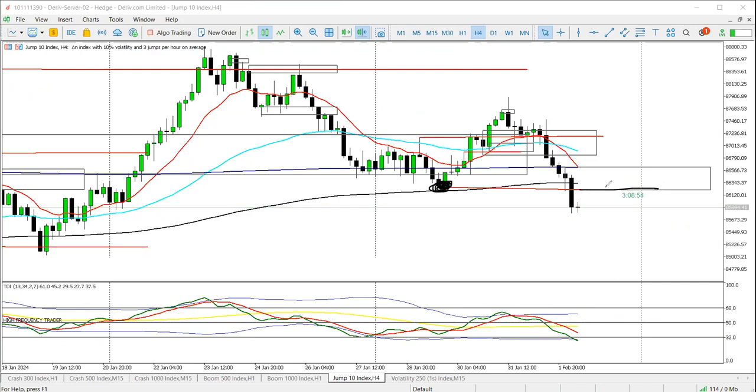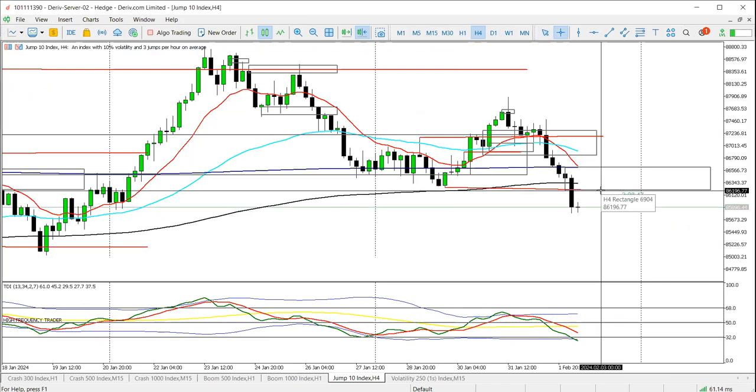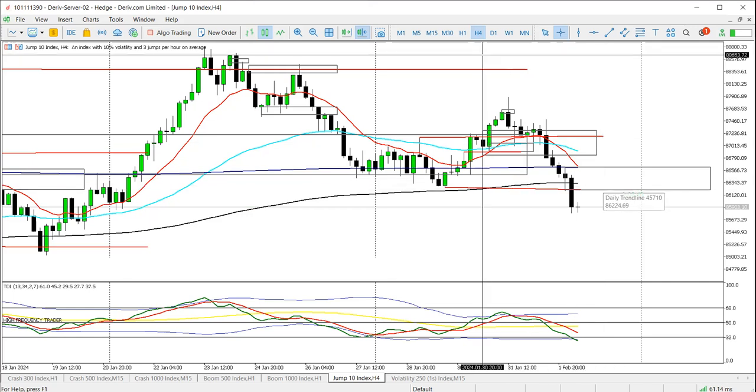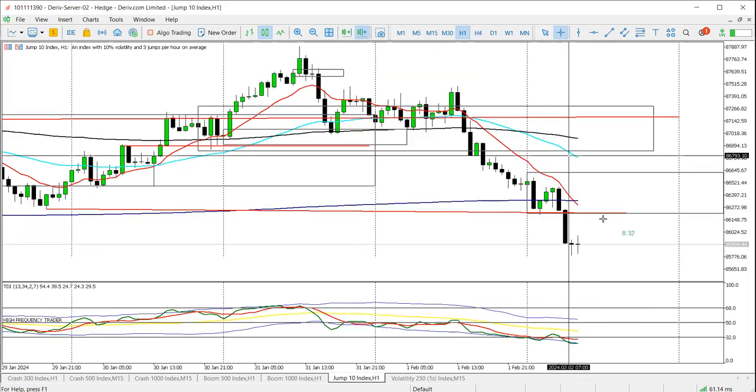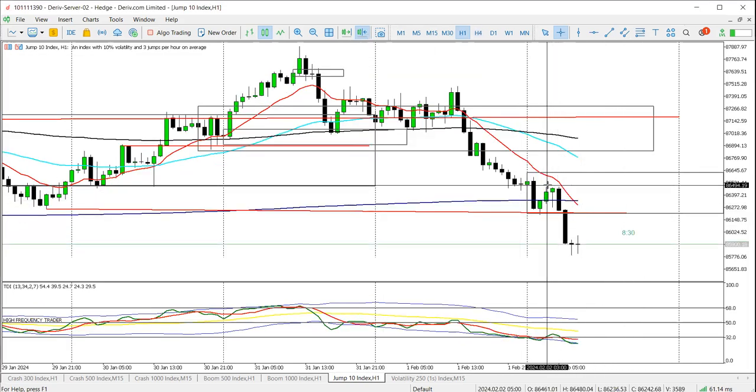So this is a high probability point of interest right there. Let's see if price gets to 86,200. From 86,200, once we get a nameable candle on a smaller time frame, then we can execute a sell. So you see it's around this area here.